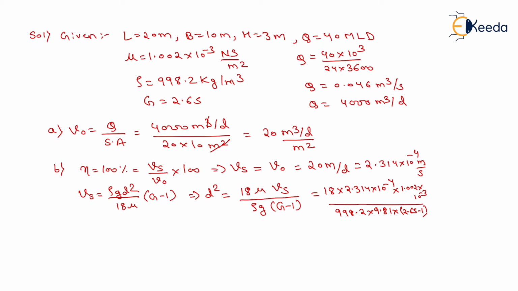After solving this whole equation, we get the value of d as 1.607 into 10 to the power minus 5 meter. But we want diameter in mm, so the diameter is 0.016 mm, which is the minimum diameter of particle that will be removed with 100% efficiency.